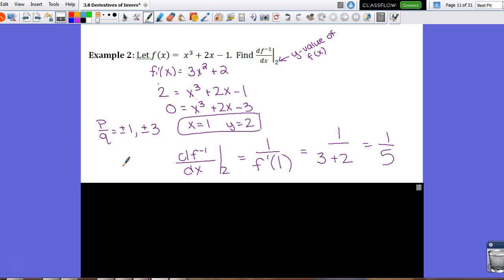This is why you just do it the right way to begin with. So you're saying we don't even need to do the inverse of f? That's the whole point. 95% of the time we don't need to. So you'd still have to solve for x equals 2 and then plug that in, because that would be the y.